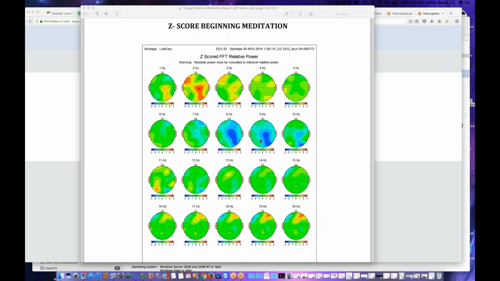So that's different than the next group, 13, 14, and 15. This is what we call SMR, your sensory motor rhythm. You see little bits of blue in here, and that's allowing you to have an internal focus, but you also have a lot of green, which means that part of the time you are having an external focus.